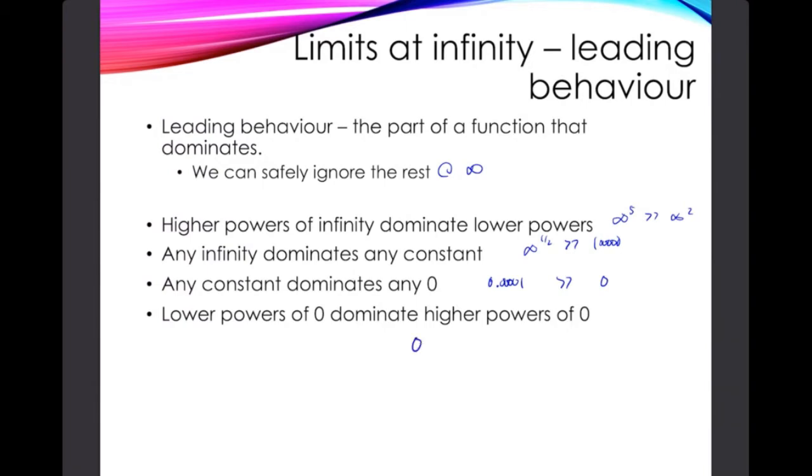And if I find that I have 0 squared, that's going to be way bigger than 0 to the 5th. I'll say a little bit more about what I mean by that, because I'm not actually taking 0. It's actually very small numbers that are going to 0. So this is like 1 over 10 squared, comparing it to 1 over 10 to the 5th. Or like 1 over 1,000 squared.